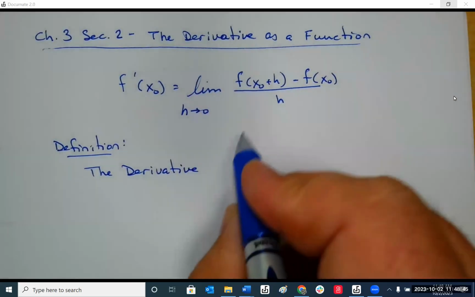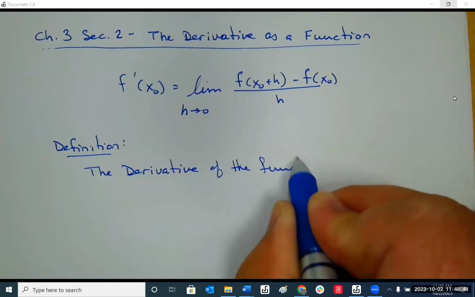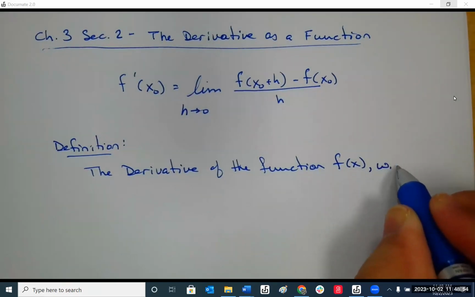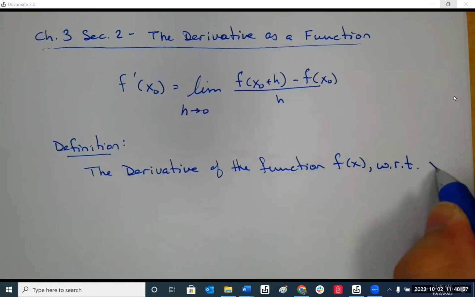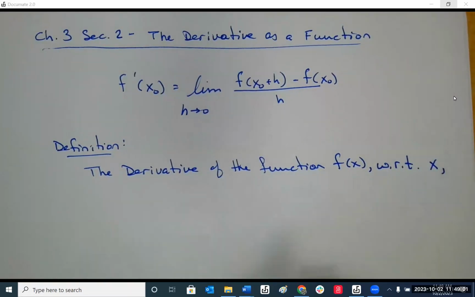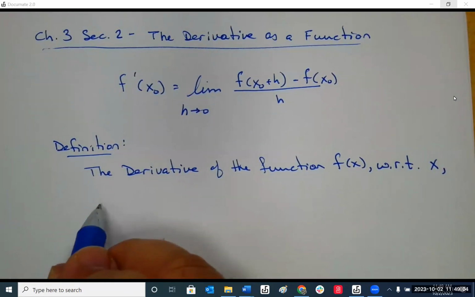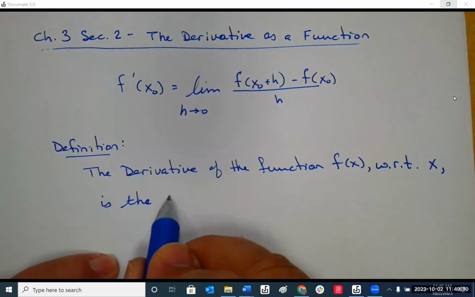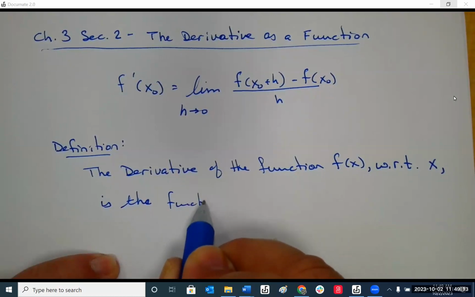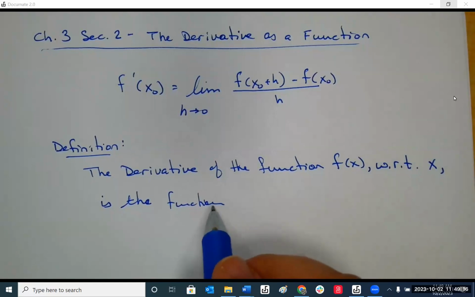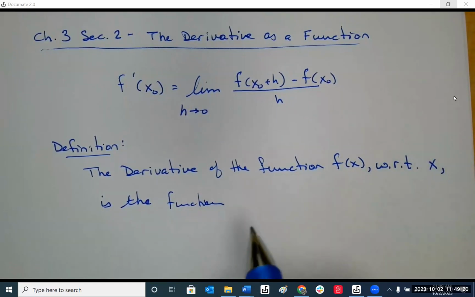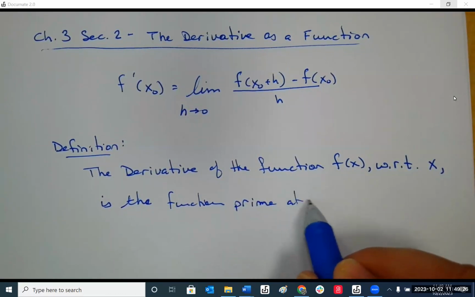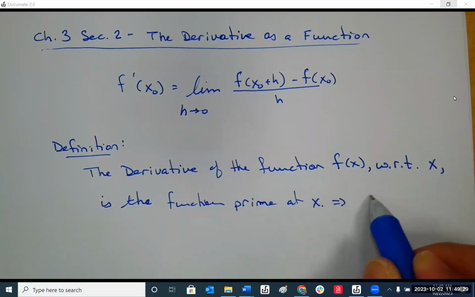The derivative of the function f of x with respect to the variable x is the function f prime at x.